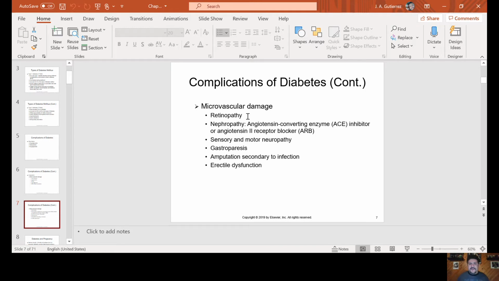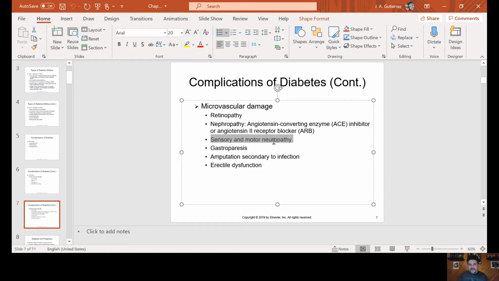Depending on the nerve, that's what is going to happen. So right here, retinopathy, the patient goes blind because the retina is an extension of a nerve, the ophthalmic nerve. And that alcohol is going to irritate the ophthalmic nerve to the point of destruction, and that's how the patient goes blind.